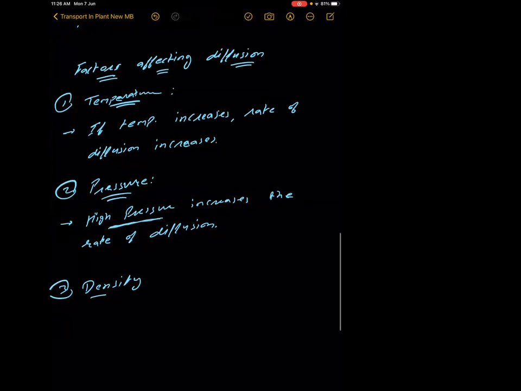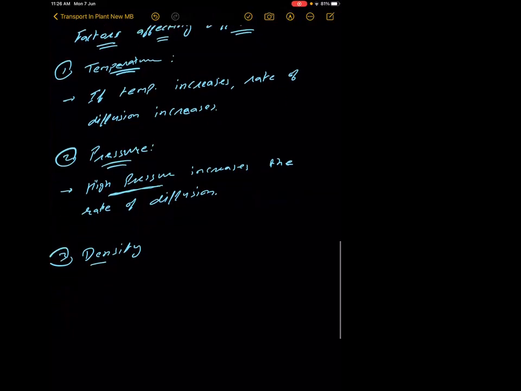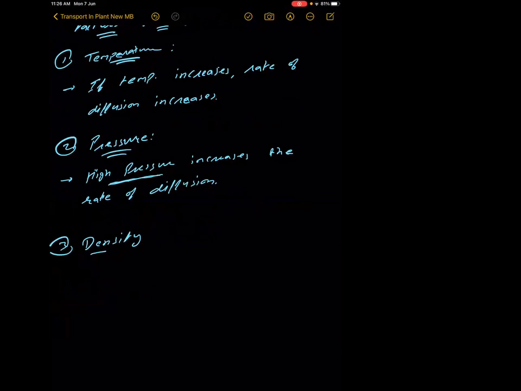If density is low, it means the medium is rare, less viscous water, so more diffusion occurs. If the density increases, it is dense, so there is less diffusion. So it is inversely proportional.